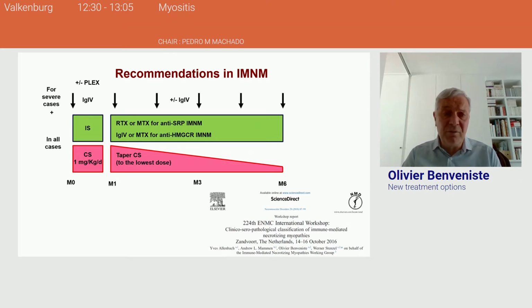First of all, as usual, we start with corticosteroids at 1 milligram per kilo per day, during 1 month, and then you can taper the dose, and you add 1 immunosuppressant with slight differences between anti-SRP and anti-HMG-CR, since for anti-SRP, rituximab seems a little bit more efficacious than polyvalent immunoglobulins, IVIG. And for severe cases, we can use plasmapheresis, IVIG, and combinations with methotrexate, for instance.